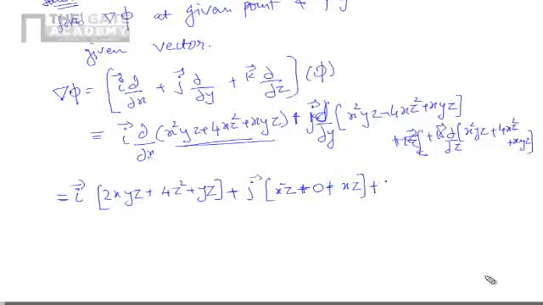Plus k vector times, what will I get? x and y are constant because I am doing partial differentiation with respect to z, so this will be x square y plus, from 4xz square, I will get 8xz, plus xy. So this is what is del phi.